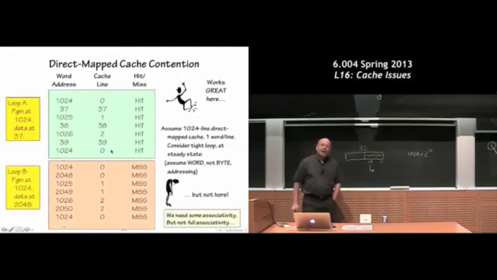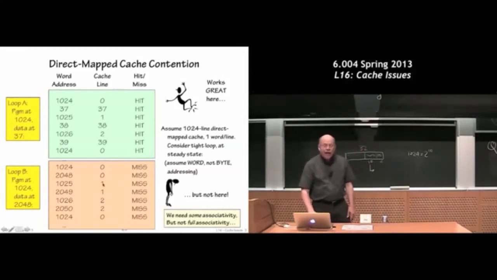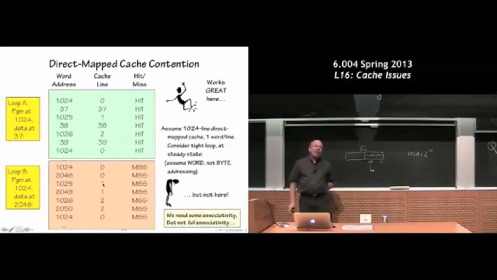However, if I change the data location, if you've edited the program, you've added a couple more arrays that have nothing to do with this loop, but you've moved what used to be at 37 to location 2048. You didn't think you changed anything, but the addresses of where data were being stored changed, and now you can see that your program will actually run horribly.